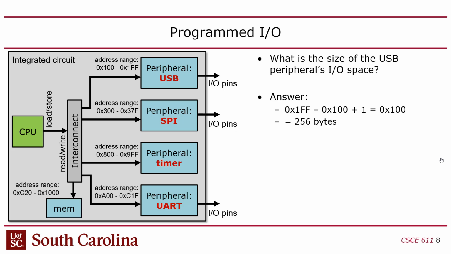On the ESP32, they're 32 bits, which means that one register spans 4 bytes, right? So if it's 100 in hex or 256 bytes, the number of registers or locations that you can load or store is that divided by 4, right? So it's going to be 64 I/O registers on a 32-bit processor.